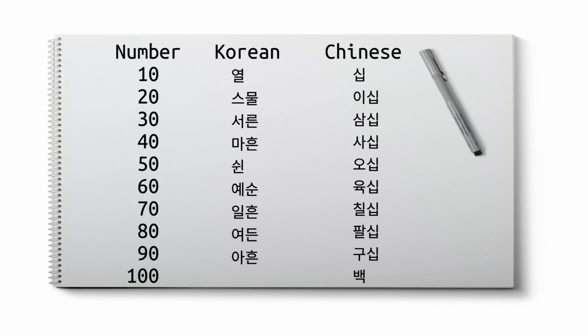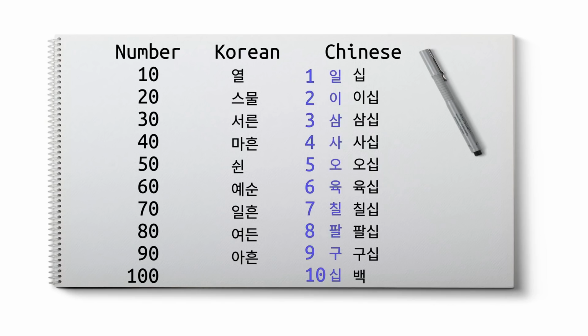So there is no word to pronounce 100, but there is one in Chinese, 100. And as you can see, from 1 to 10 in the previous page for Chinese numbers, they're all one syllable. In this case, 20 up to 90, it's all 2 syllables. Can you guess why that is?